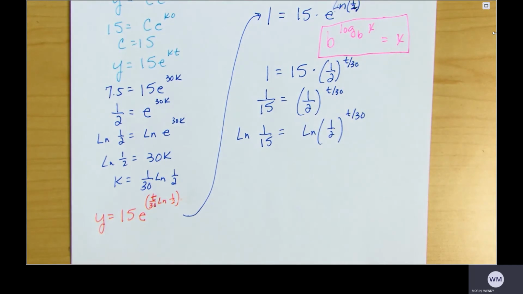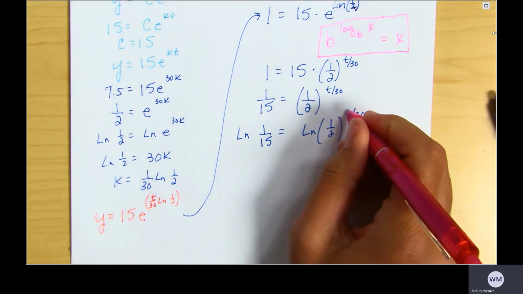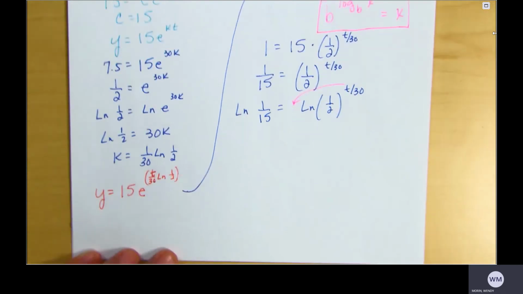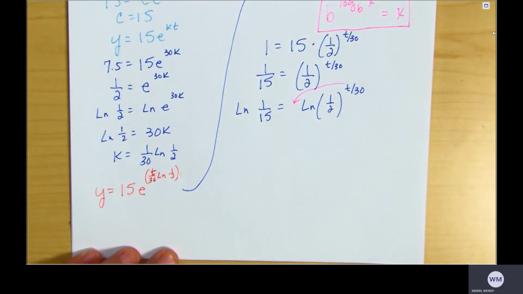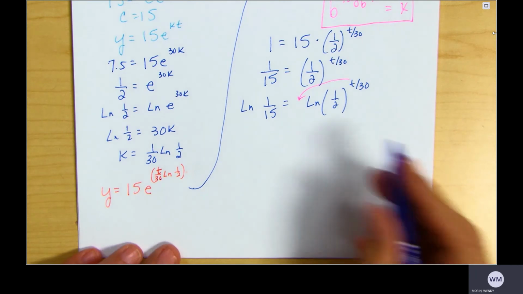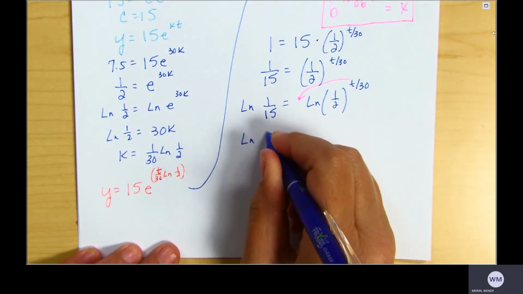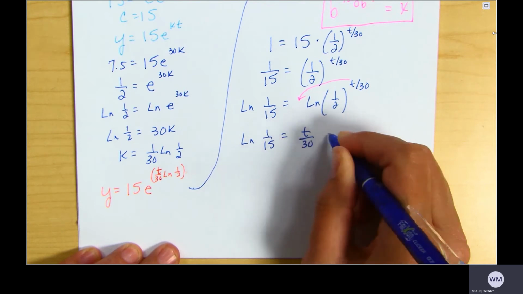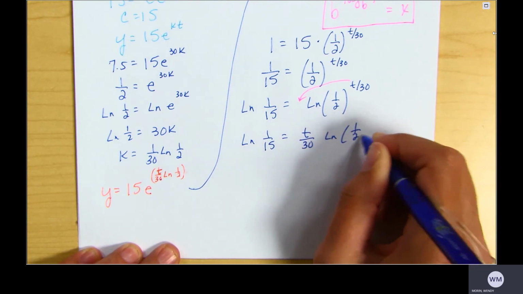And because you take the log of both sides, you can now move that in the front. So for those of you who hated your logarithms unit in 10th grade, you probably won't like this section. So that gives me the natural log of 1/15 equals t over 30 times the natural log of 1/2.